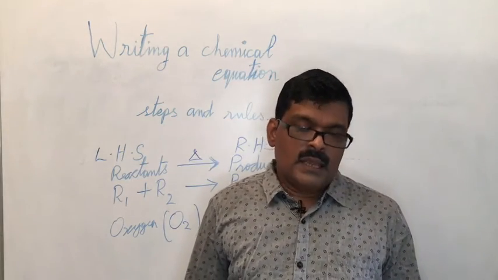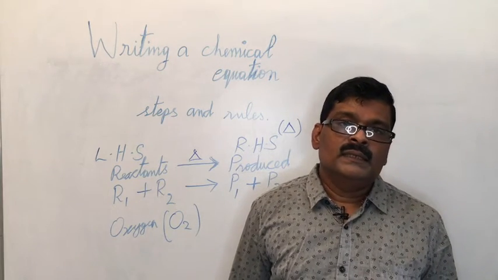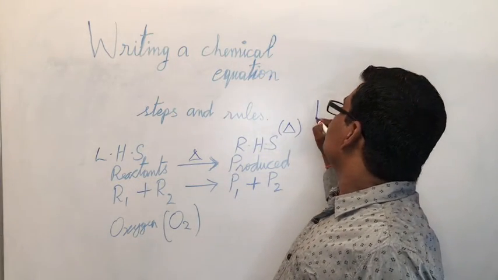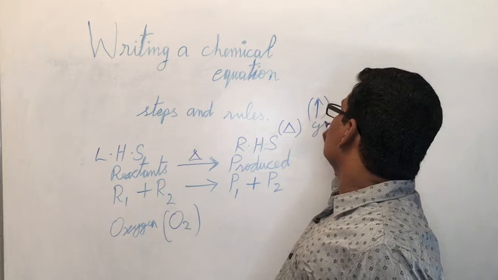A heat indicating symbol can be added upon the arrow. Next, if any gas is evolved in the chemical reaction, it can be shown with an upward arrow for gas.